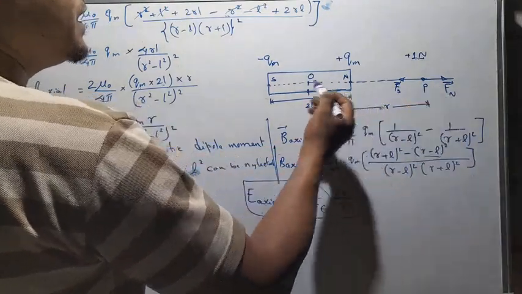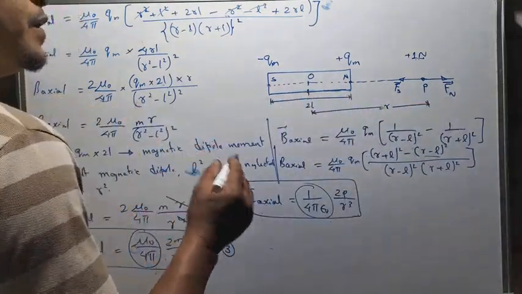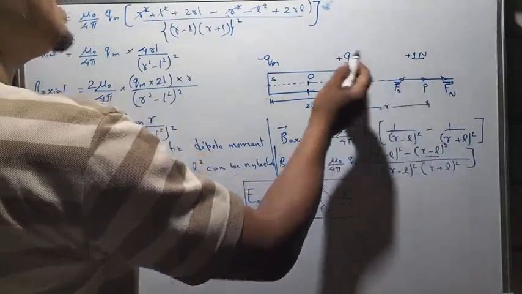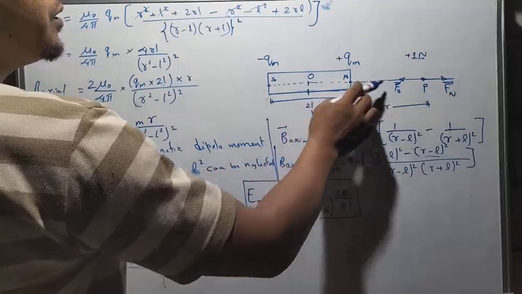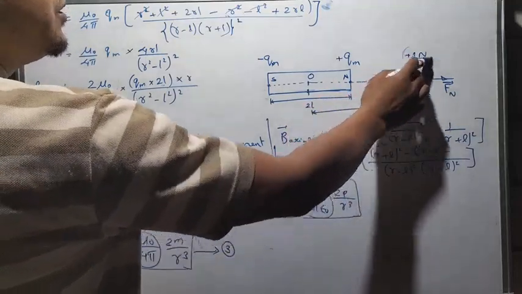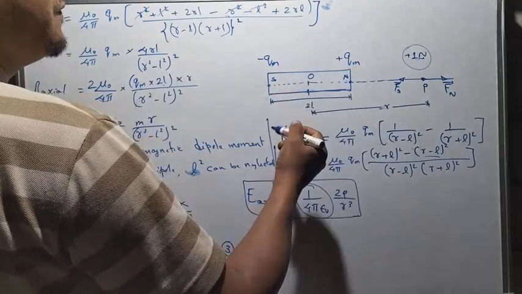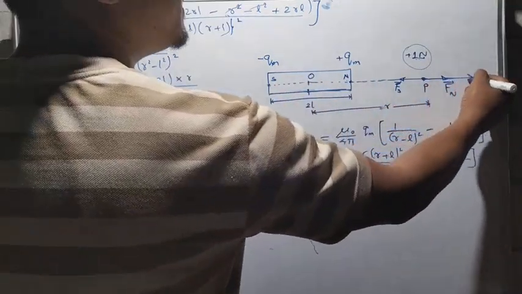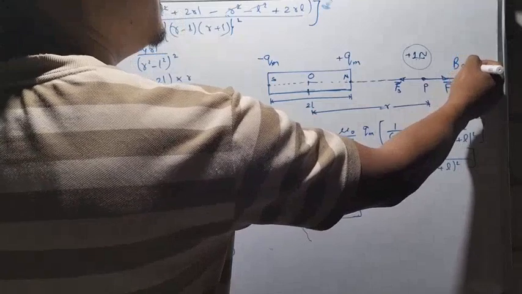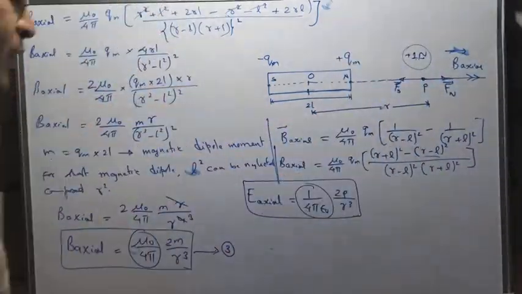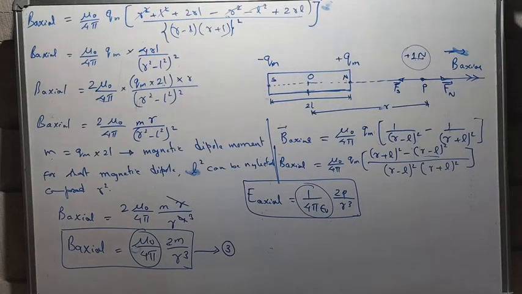Definitely Fn is larger than Fs, because this point P is closer to the North Pole than to the South Pole. So this unit North Pole will experience more repulsive force than attractive force. As a result, my net magnetic field will be along this Fn. So this is about the direction of the magnetic field. I hope this is clear.